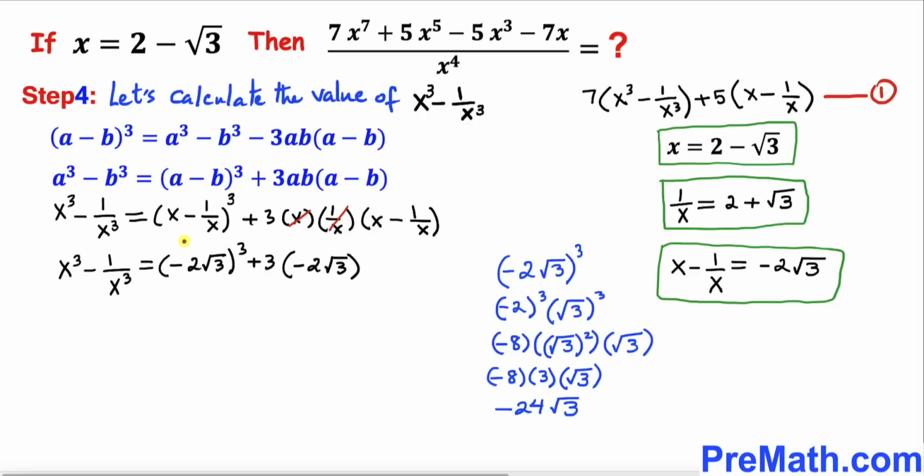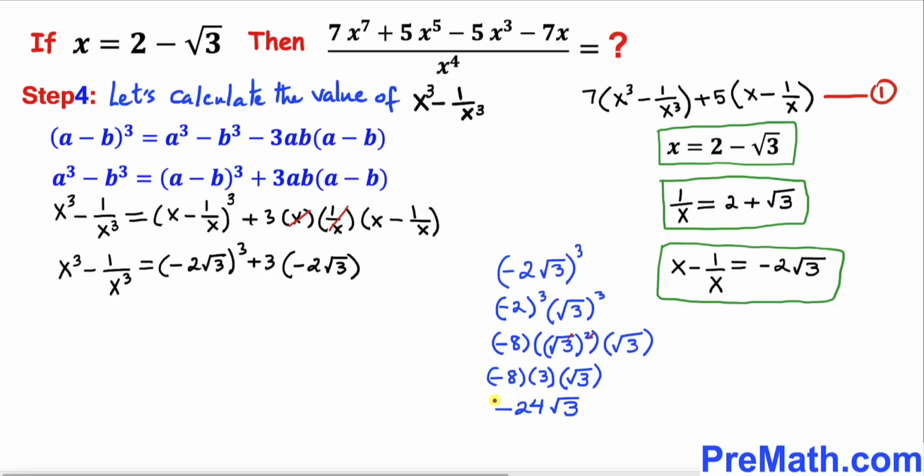Now let's focus on this part. We are going to simplify. I have just copied it down, and here we can see that negative 2 power 3, I just separated this one, that is going to give us negative 8, and this square root of 3 power 3 could be written as square root of 3 power 2, and then times square root of 3, and this square and square root, they undo each other, we got 3.